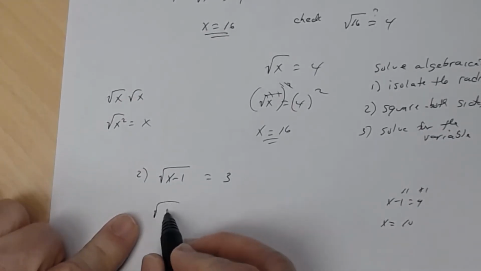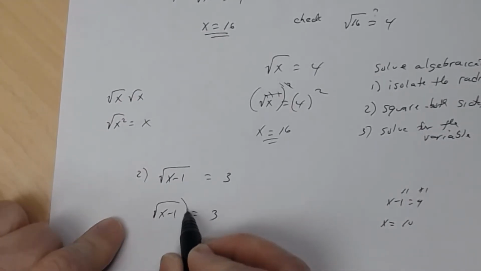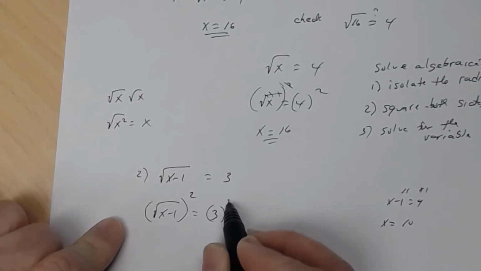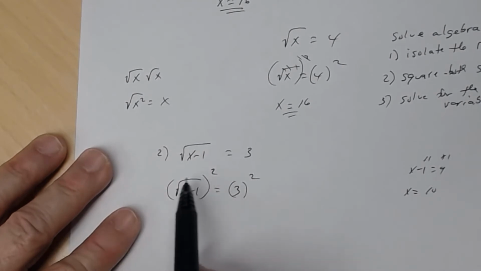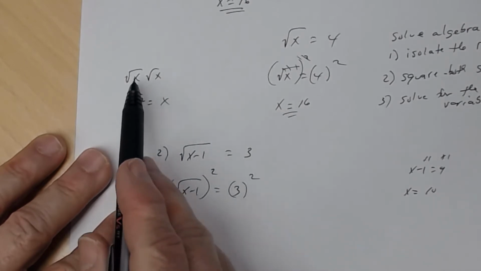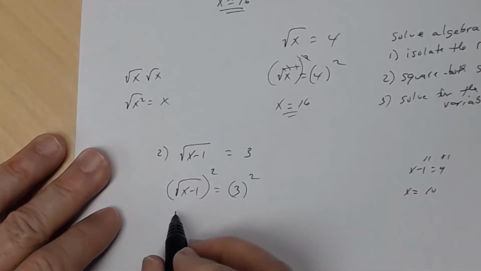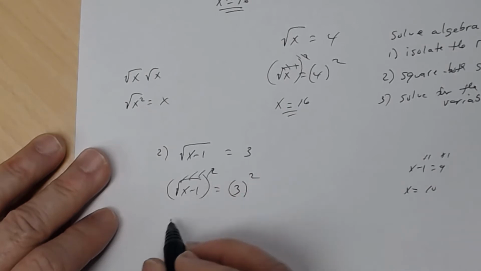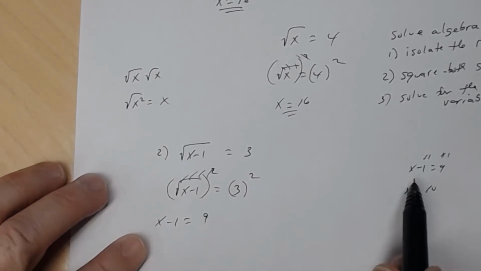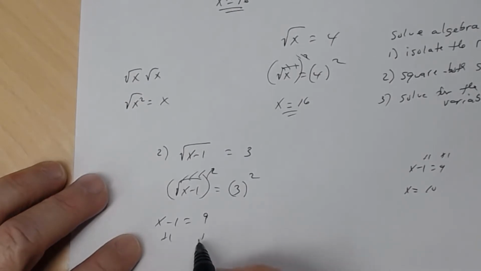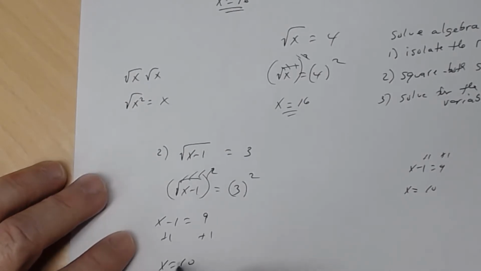So I'm going to rewrite this over and square both sides. Remember, the square root of x minus 1 times the square root of x minus 1 is just the radicand. The square and the square root undo each other. So you get x minus 1 equal 9. Remember, that's what we had here. And so you add 1 to both sides, and you get x to be 10.